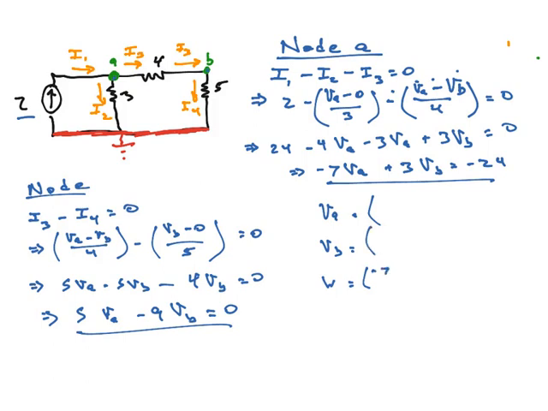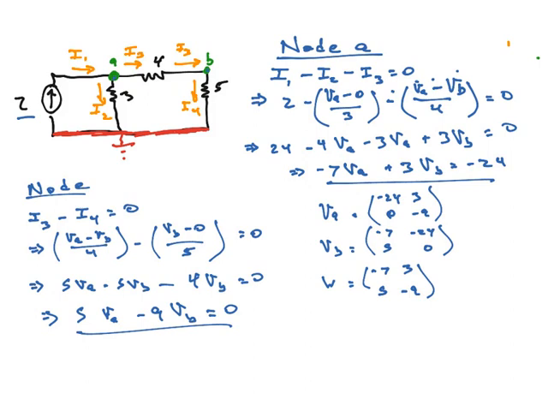It's minus 7 and 5, and then 3 and minus 9. The VA is going to be minus 24, 0, 3, and minus 9. And the VB is minus 7, 5, negative 24, and 0.